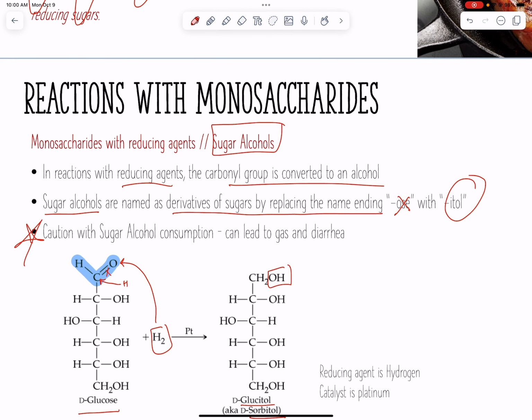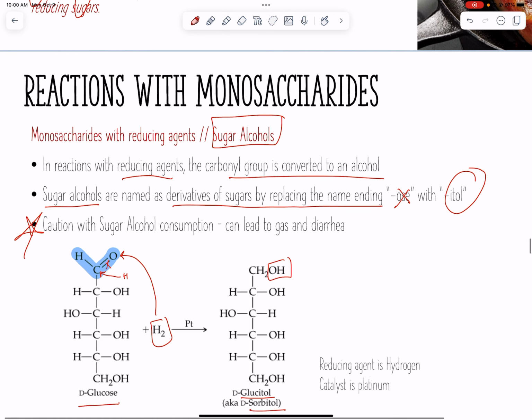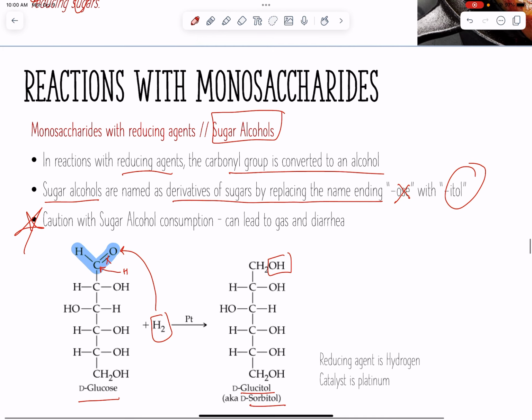My next slide is really a derivative of this bullet point. You have to be careful with sugar alcohols because they can give you unwanted side effects, leading to an upset stomach down the road if you consume a lot of them. People who have type 1 diabetes and have to watch their glucose levels will often turn to goods with sugar alcohols to eat sweets and desserts.